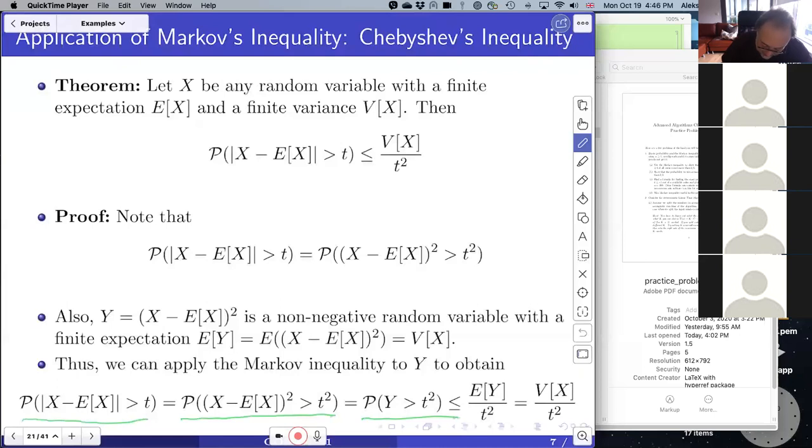By Markov inequality, this is smaller or equal than the expectation of y divided by t squared. But as we just saw, the expectation of y is just the variance of x, and voila, you get that this is smaller or equal than the variance of x divided by t squared. And we will need this inequality later in the course.